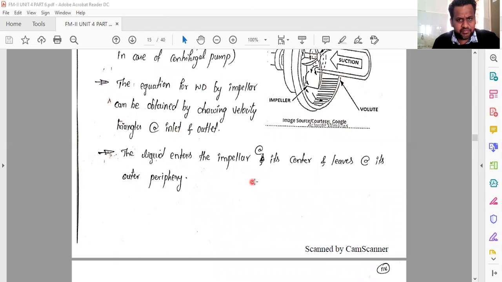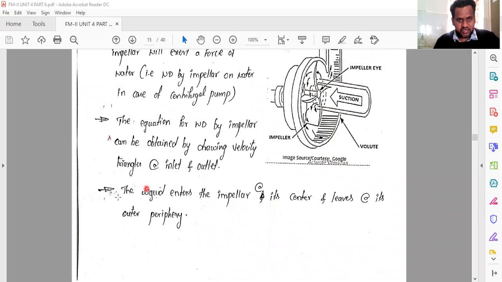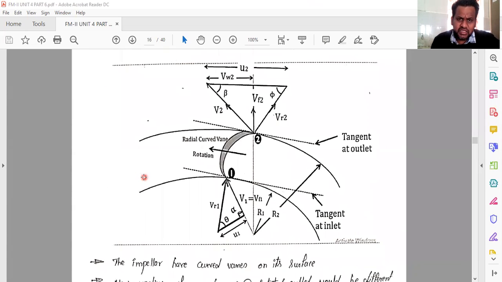The liquid enters the impeller at its center and leaves at its outer periphery. Obviously, हम ये assume करने वाले हैं कि the liquid enters the impeller at the center. आप देख सकते हो पानी सेंटर पे एंट्री मारेगा और पेरीफेरी से निकल के ऊपर जाएगा, राइट. See, you can see this particular diagram.